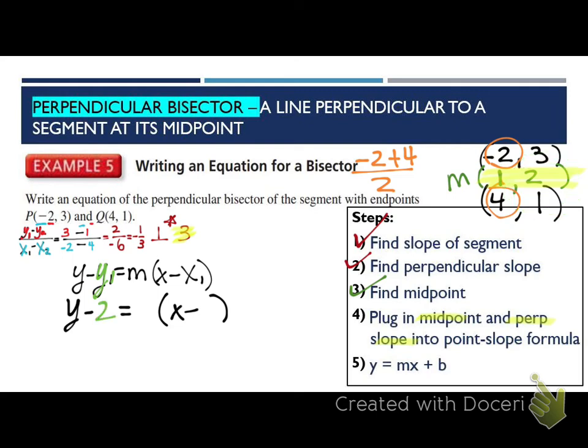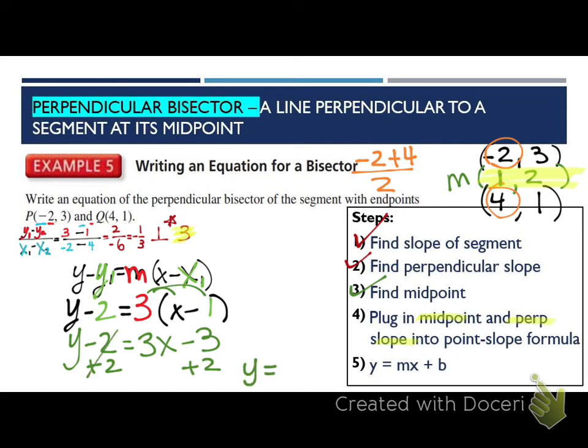And then my slope, we said, was 3. We want to use the perpendicular slope. And then my x is from my midpoint, which is 1. Good. Now we solve for y equals mx plus b. We're going to distribute: 3x minus 3. Add 2, and y equals 3x minus 1.